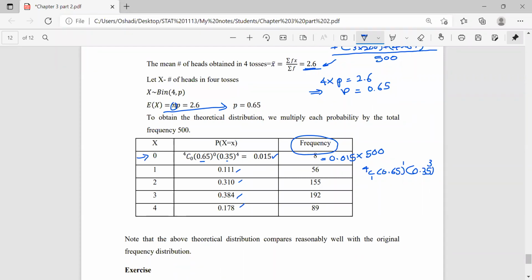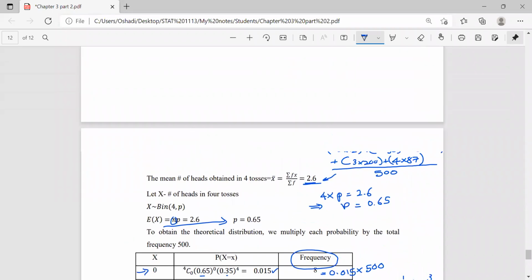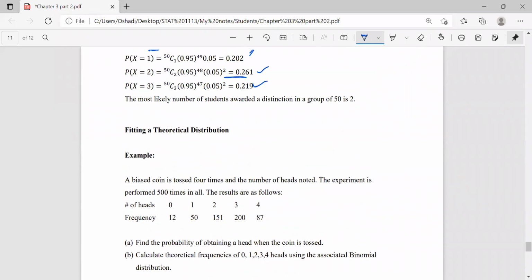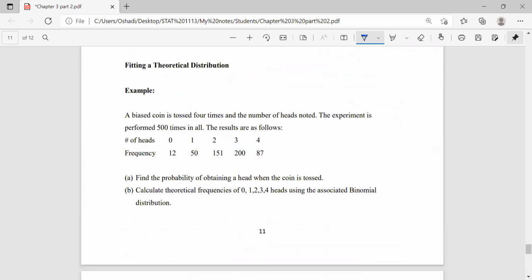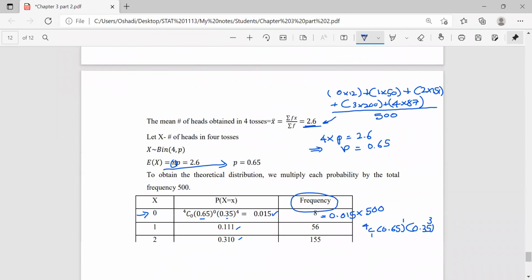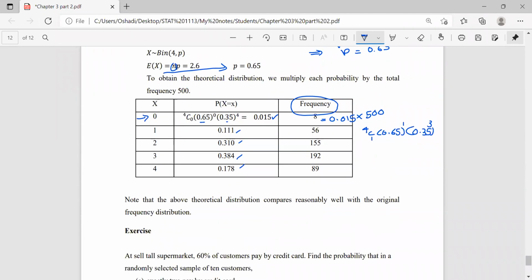Right? So now you can note that the above theoretical distributions, the experimental results, tally with the theoretical results. Here 12, 50 and 151. Oops, sorry.